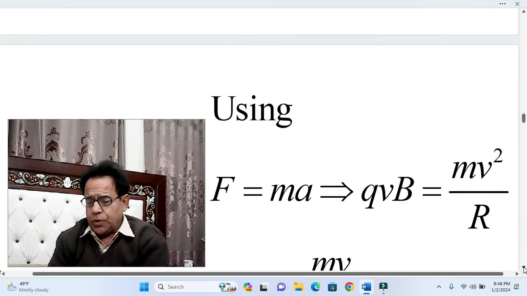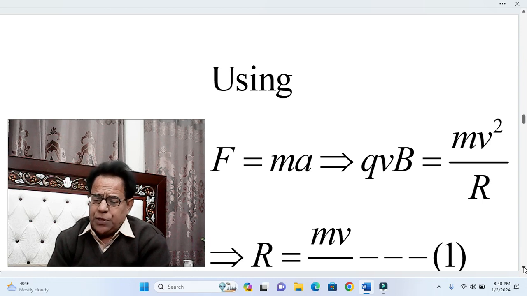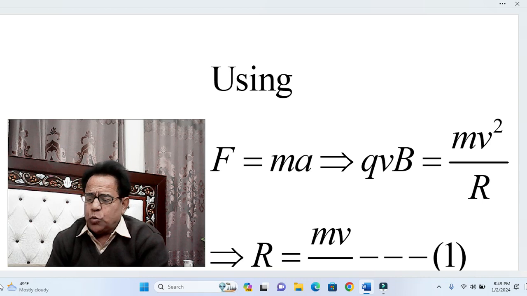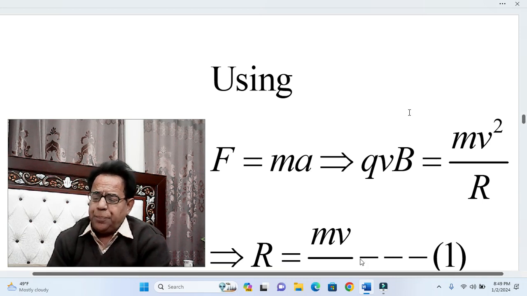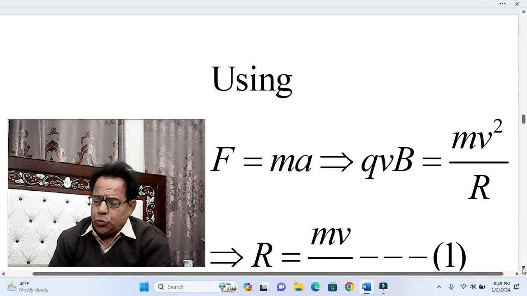So using Newton's second law of motion, F equal to ma, this implies that qvB equal to mv square over r. This has been shown in the snapshot above, not only once, but twice, in two snapshots chosen from two different books.